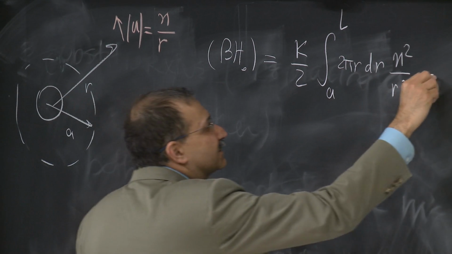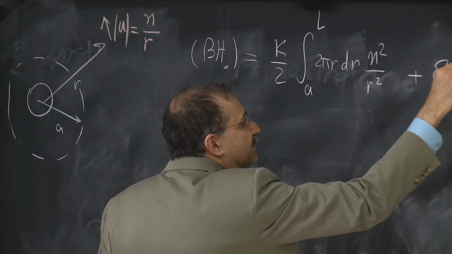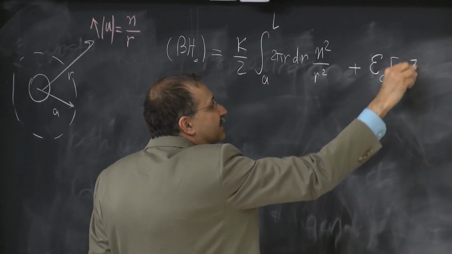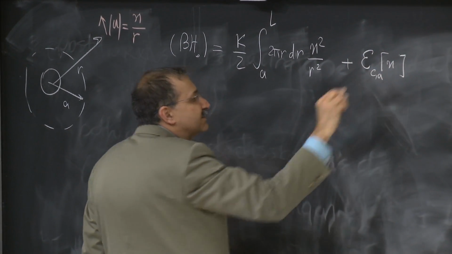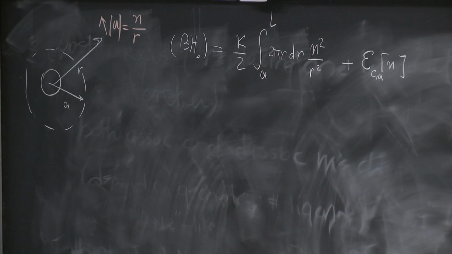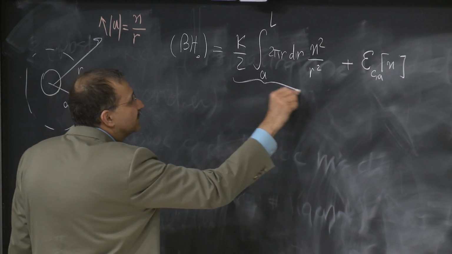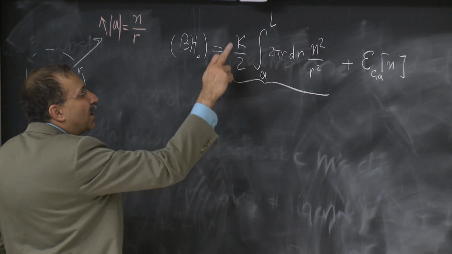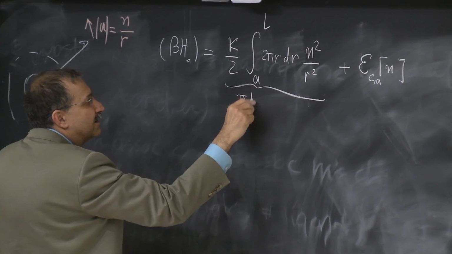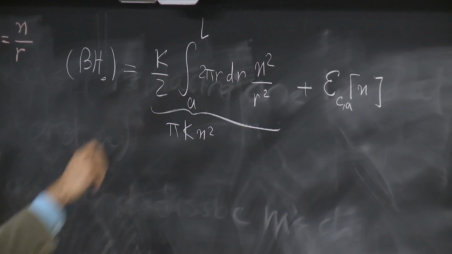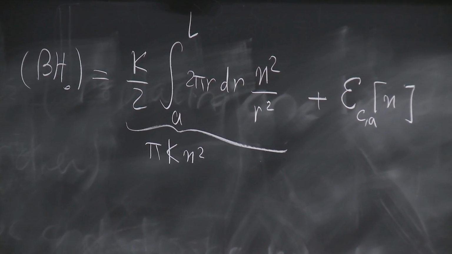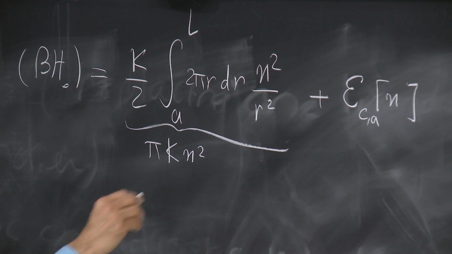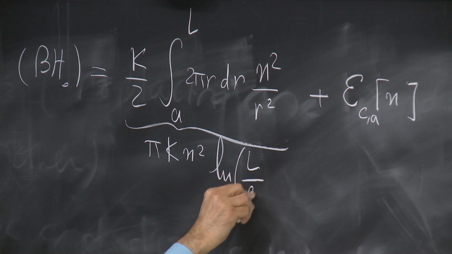So on top of this, there's a core energy for creating this object that certainly explicitly depends on where I set this parameter a. Okay? This part is easy. It simply gives me pi k n squared, and then I have the integral of 1 over r, which gives me log of L over a.